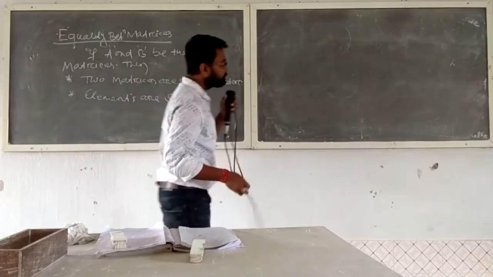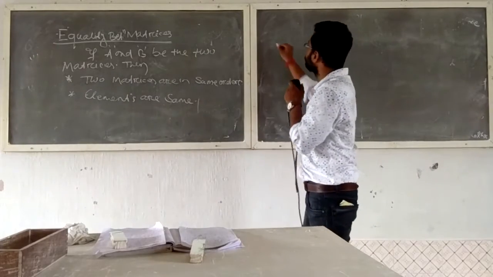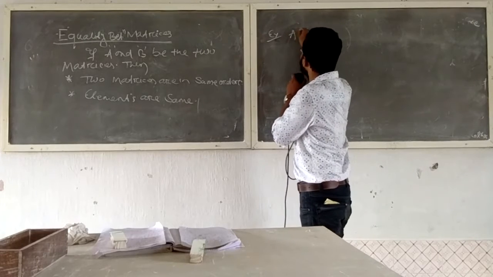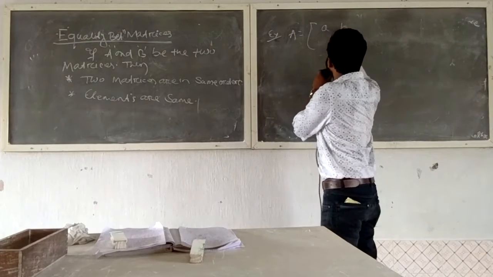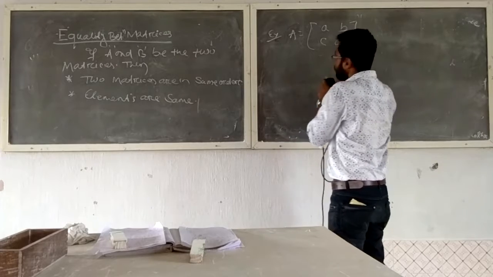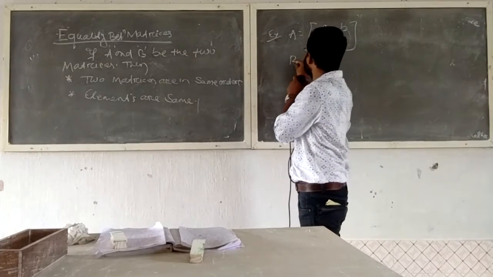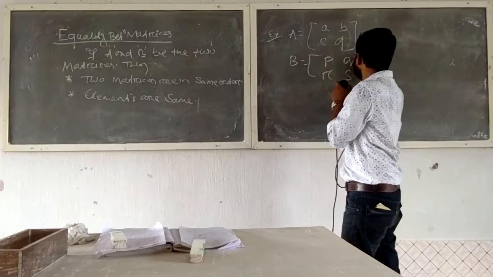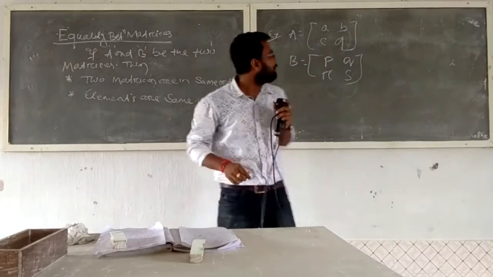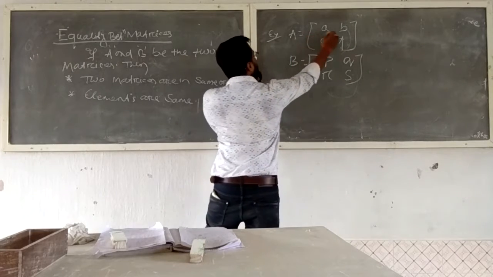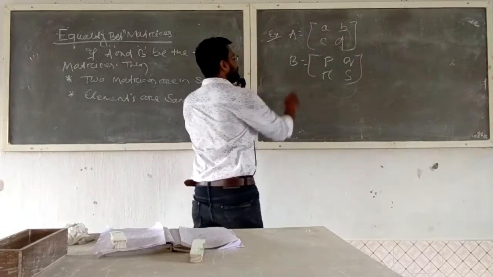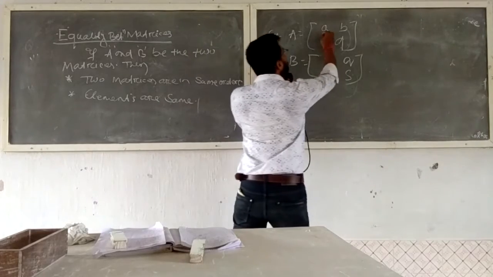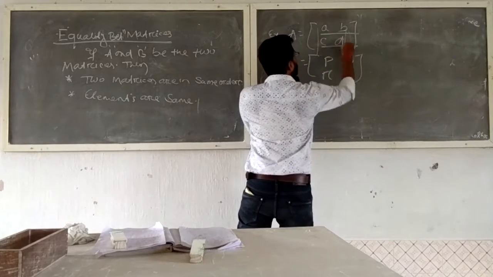That is, to take an example, let A matrix be A, B, C, D and B matrix be P, Q, R, S. A matrix has two rows and two columns.